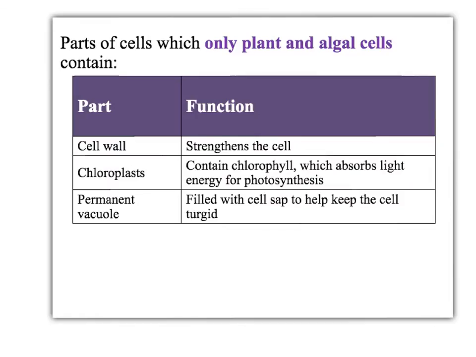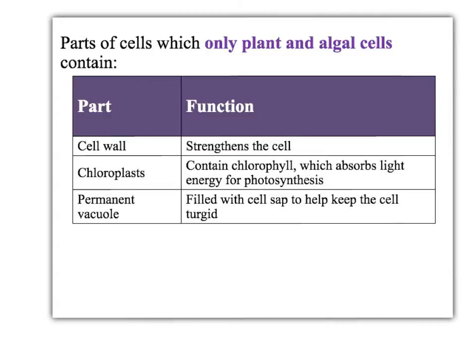Okay, just to remind you again, parts of cells, organelles that are only found in plant cells and algal cells are the cell wall, chloroplast and permanent vacuole. So the cell wall strengthens the cell, chloroplast contains chlorophyll which absorbs the light energy for photosynthesis.